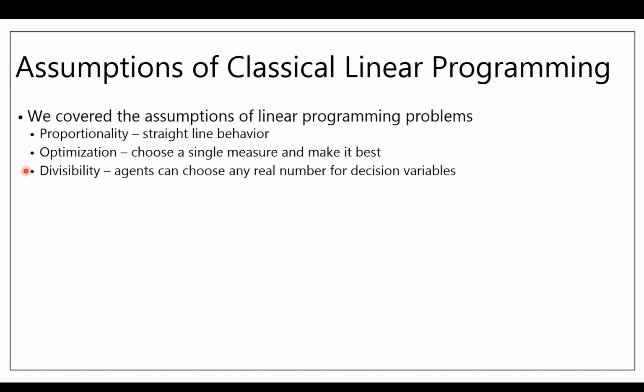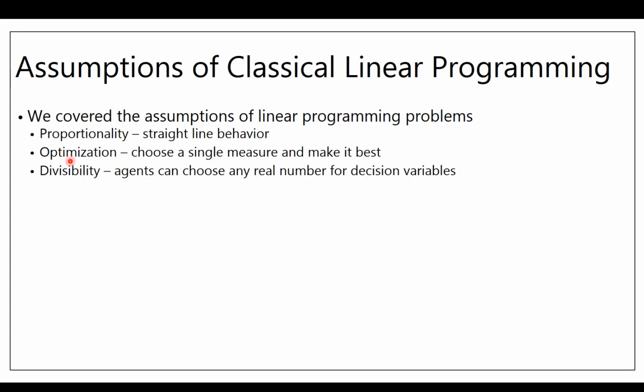So research questions may require that we violate a couple of classic linear programming assumptions. The optimization assumption, really, is that one of the variables of interest in the problem should be chosen to be either maximized or minimized.